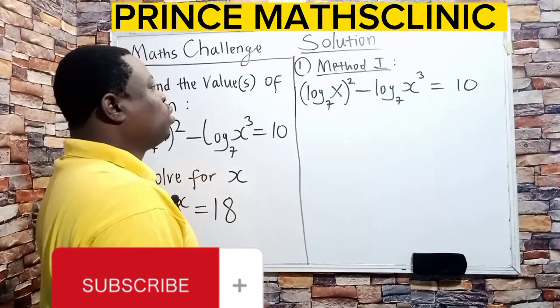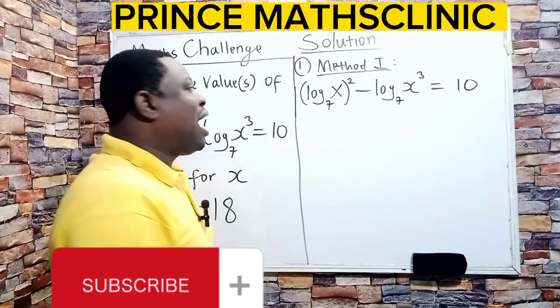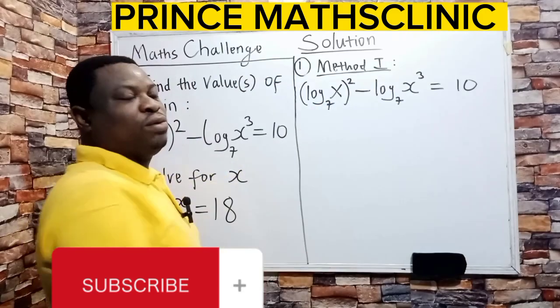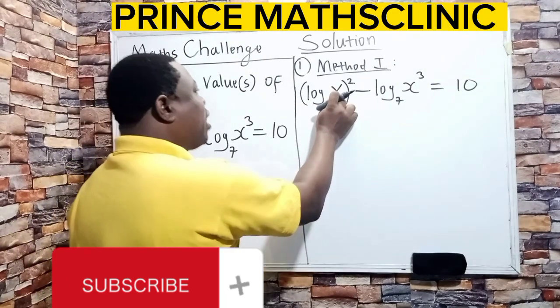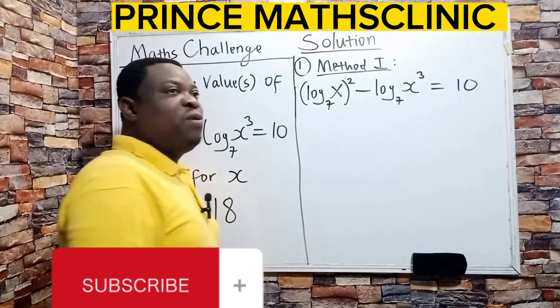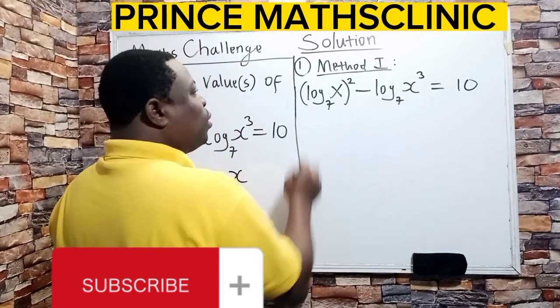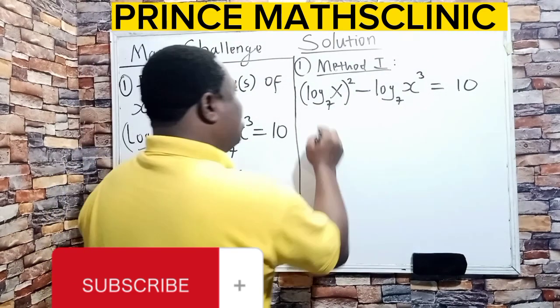What we are going to do is to substitute a particular letter for log x base 7. Why? Because I have log x base 7 here and I have log x base 7 here. But before we do that, we are going to first of all simplify this a bit.